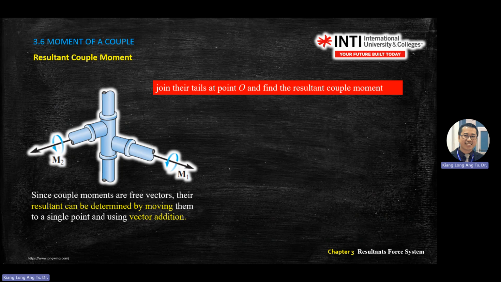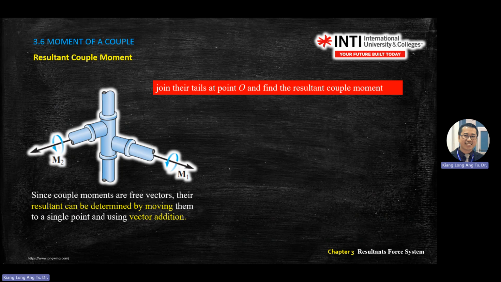So the couple moments, since two couple moments are free vectors, this means this is a result of couple forces from the earlier step. Then now you arrive at two resultant couple moments. They are called free vectors. So resultant can be determined by moving them to a single point using vector addition.